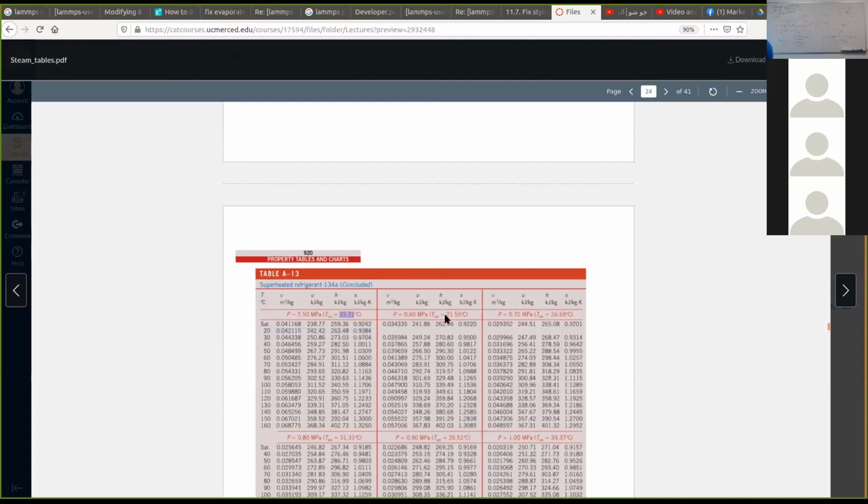T saturation larger than 20 is impossible to have. That's why they give you the saturation value to interpolate from the very end of X equal 1 to superheated vapors. Okay, guys, make sense?